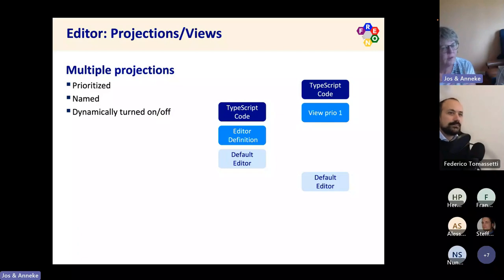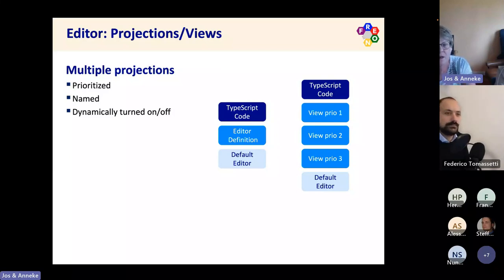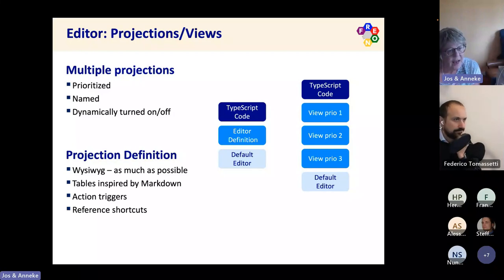We can have a view with the first priority, second priority, a third priority, etc. And again, the order of things is we start at the top and we work down until we reach the one that is present. Every projection definition, so every view, is as much what you see is what you get as possible.